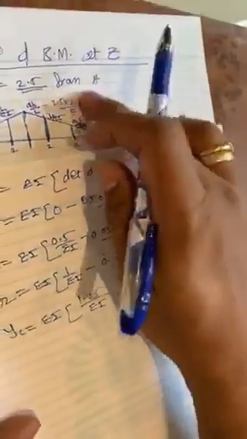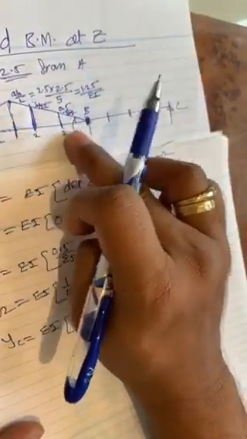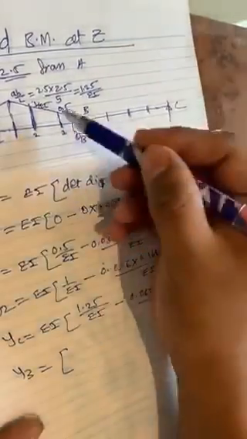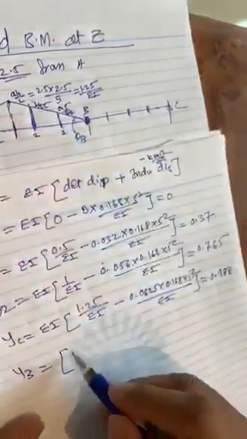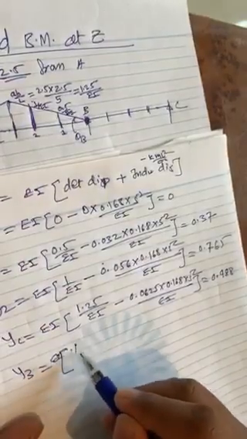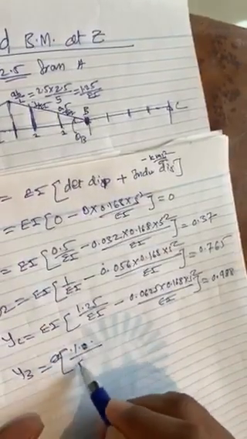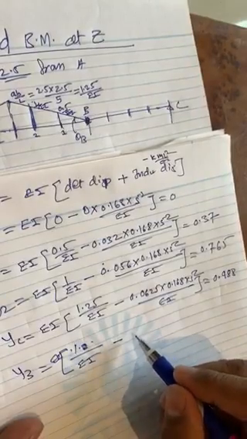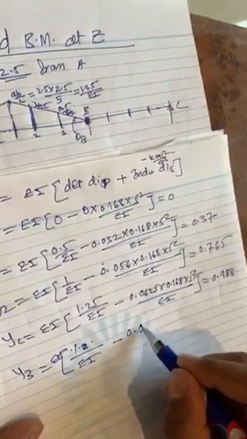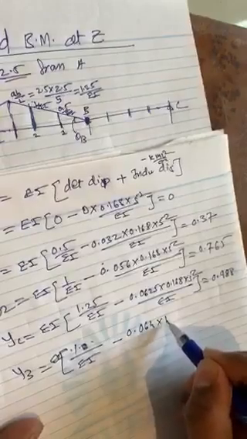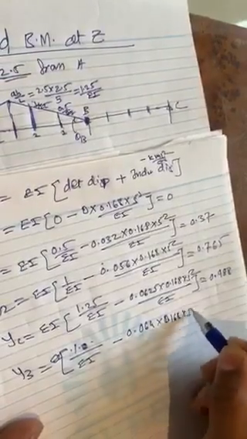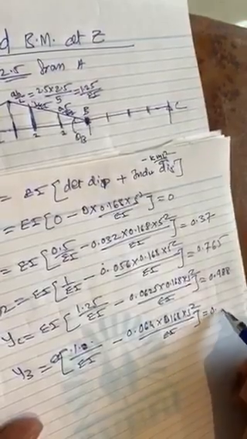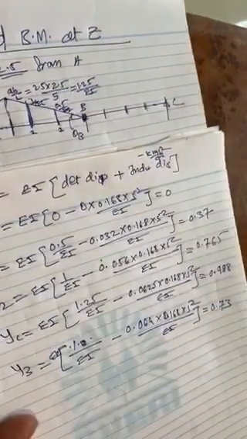Then we'll go to this side now. Okay, this side, this point and this point. So y3 will be this point, so it will be EI in bracket 1.0 divided by EI minus, for n equal to 0.6, k is equal to 0.064 into m equal to 0.168, 5 square divided by EI, and this value comes as 0.73.